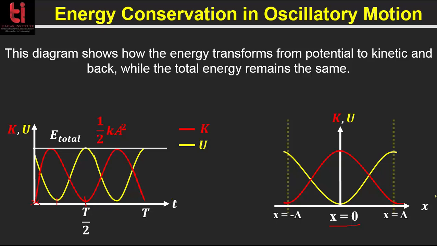And at the two limiting positions, x is equal to minus a and x is equal to plus a, that is for the compressed position and the extended position of the spring, the energy is all potential. However, the total energy, that is the sum of the kinetic energy and the potential energy, will remain constant with time.